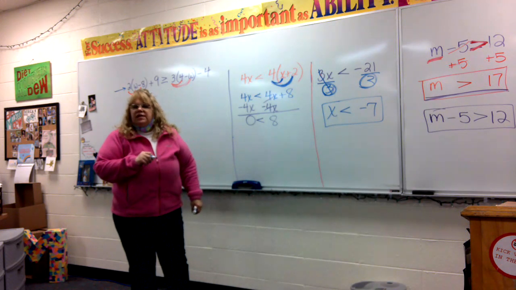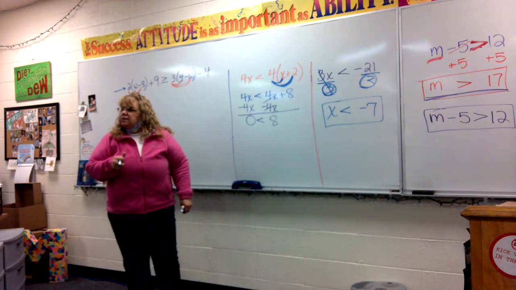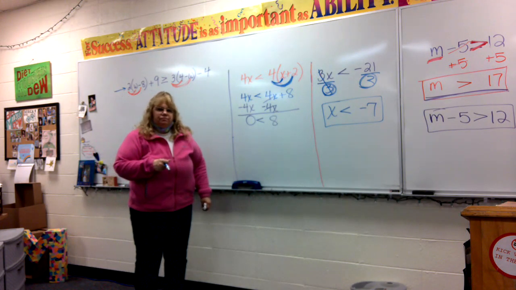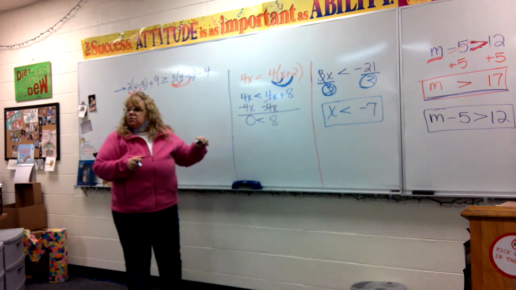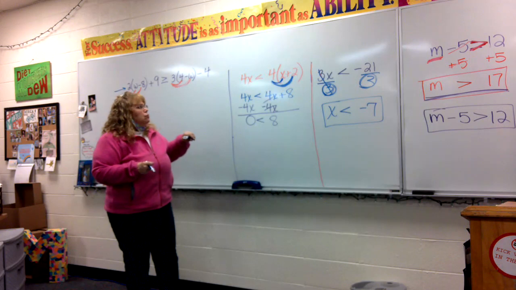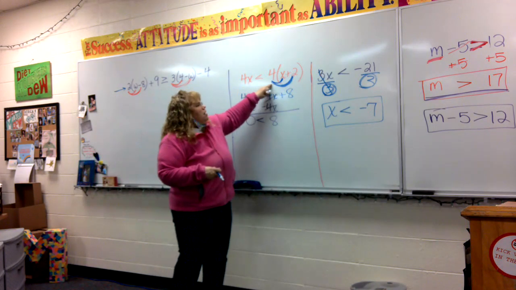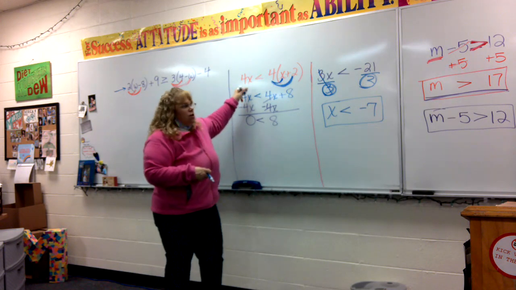Remember when we were doing equations? Sometimes the letter drops out. What you have left is either true or false. True. 0 is less than 8. True, right? And remember, we're looking for a value of x that we can plug in here to make this thing true.